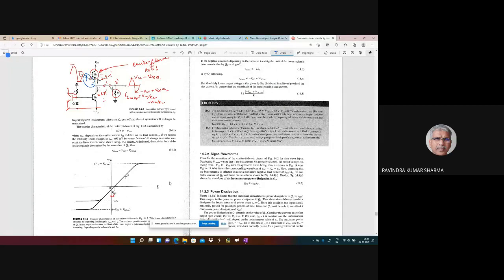That drop is what has been considered as the offset, which if you ignore compared to what you're getting this thing, in that case, you can say that VO by VI is unity, right? So this is the transfer characteristic, how input is transferred to output. That's where you have input, that's where you have output. Is that okay?